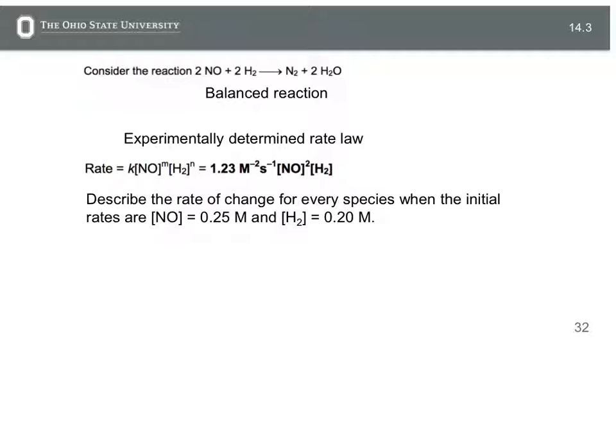So then we can use our rate law with our rate constant to describe the rate of change for any reactant or product in our reaction. And so if we say that the concentration of NO is 0.25 molar and the concentration of H2 is 0.2 molar, we can determine the overall rate just by plugging in these concentrations and our rate constant.